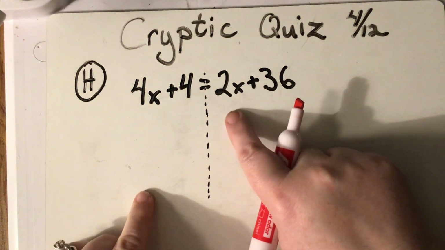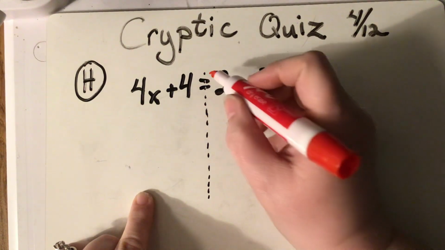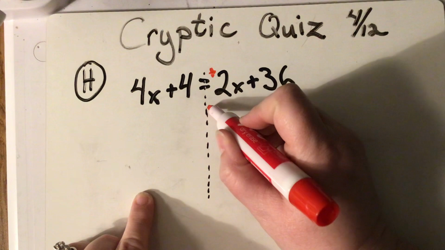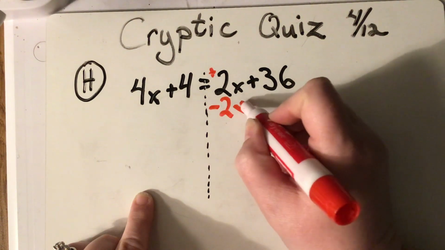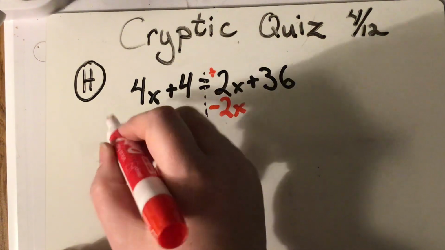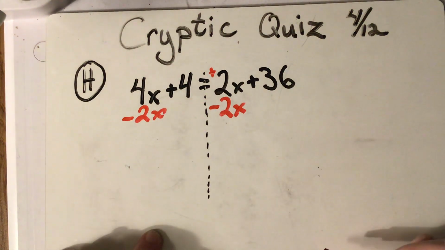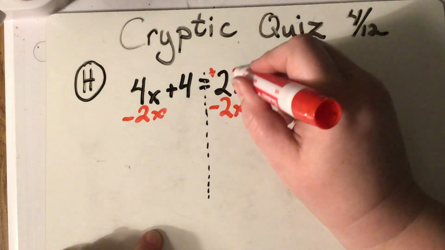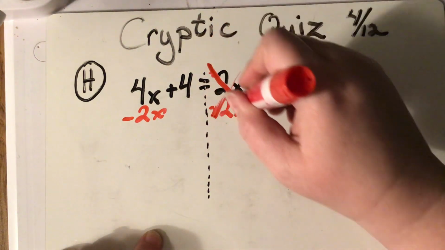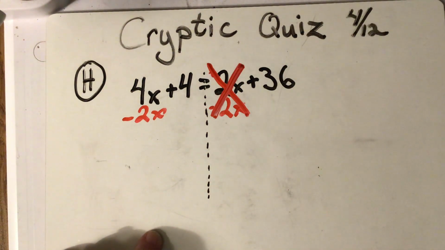So I'm going to get rid of the 2x. I know it's positive, so that means I'm going to have to subtract. So I'm going to do minus 2x from this side and from this side. Minus 2x. Okay, so these are going to be gone. Oh, that was a really bad X. There we go. Those are gone.